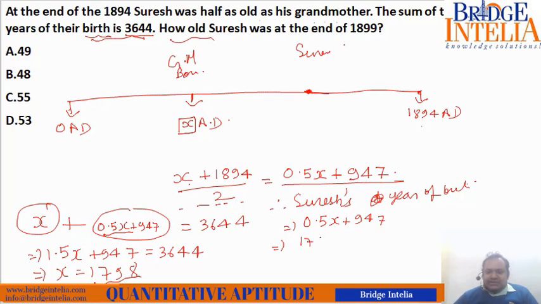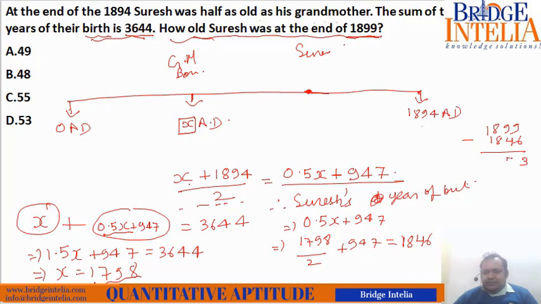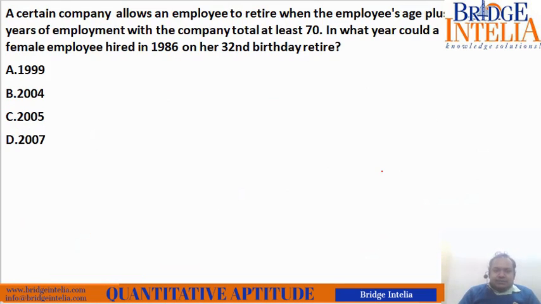So this comes out to be 1798 by 2 plus 947, which is equal to 1846. So the question is, how old was Suresh at the end of 1899? So 1899 minus 1846 is 53. So in 1899 he was 53 years old. Let's move to the next one.